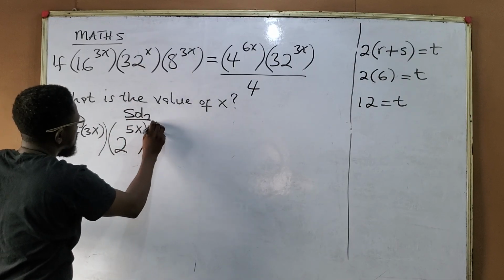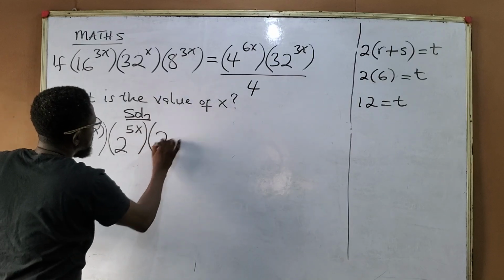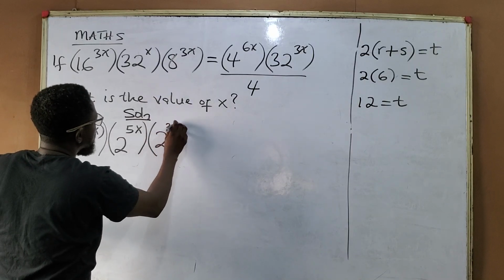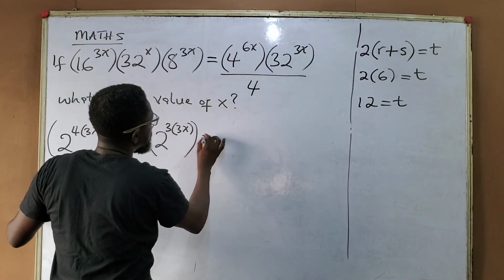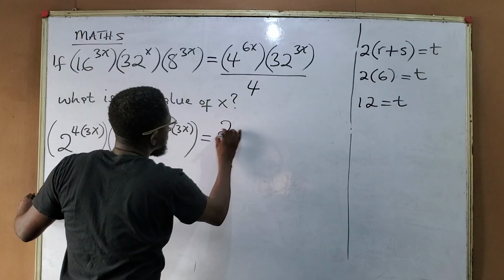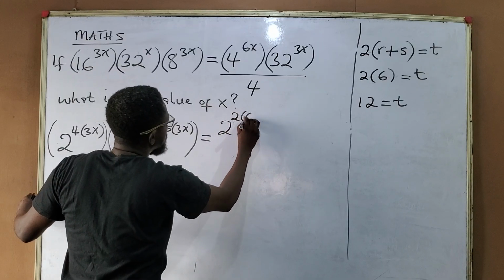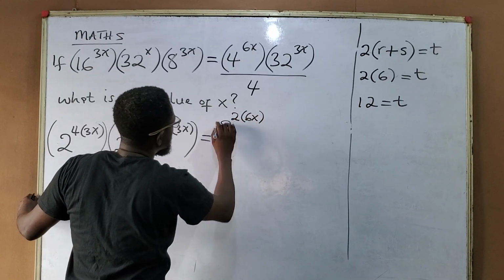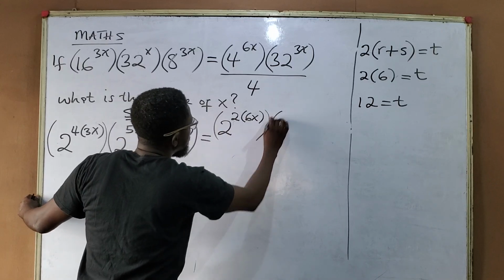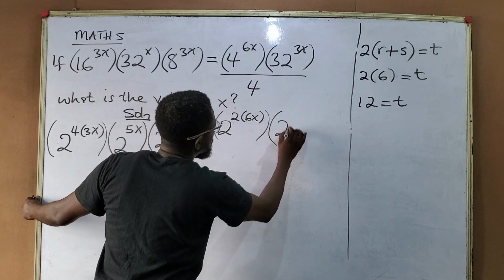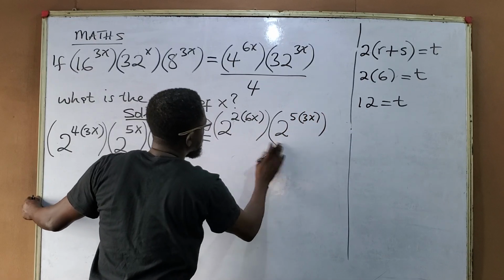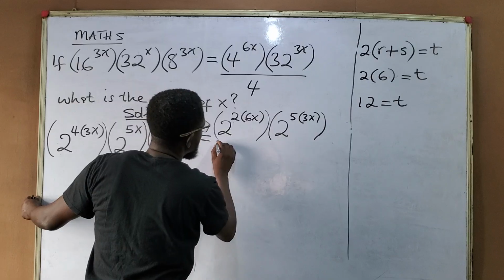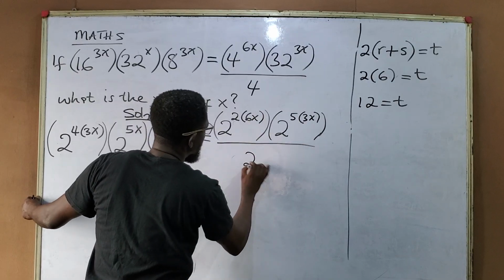Then 8 is 2 to the power 3, with 3x. Then 4 is 2 to the power 2, so we have 6x. And 32 is 2 to the power 5, then we have 3x. And for the denominator, 4 is 2 to the power 2.